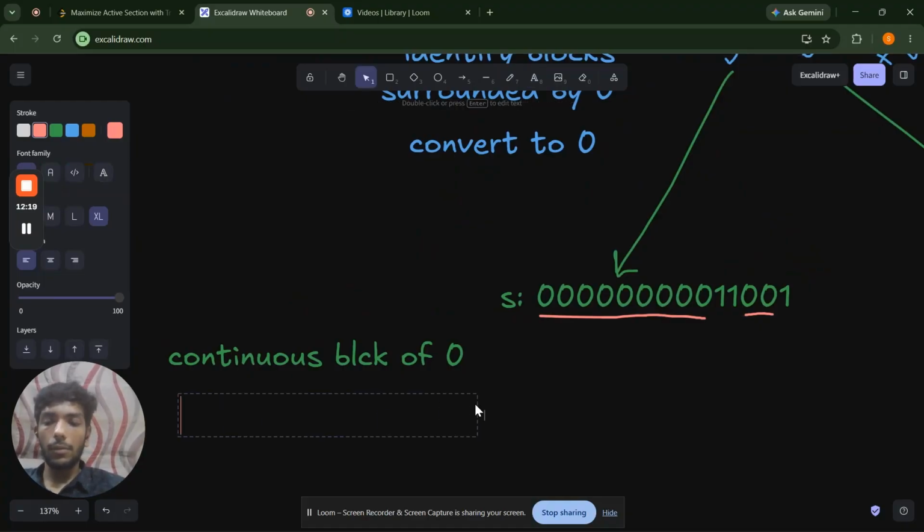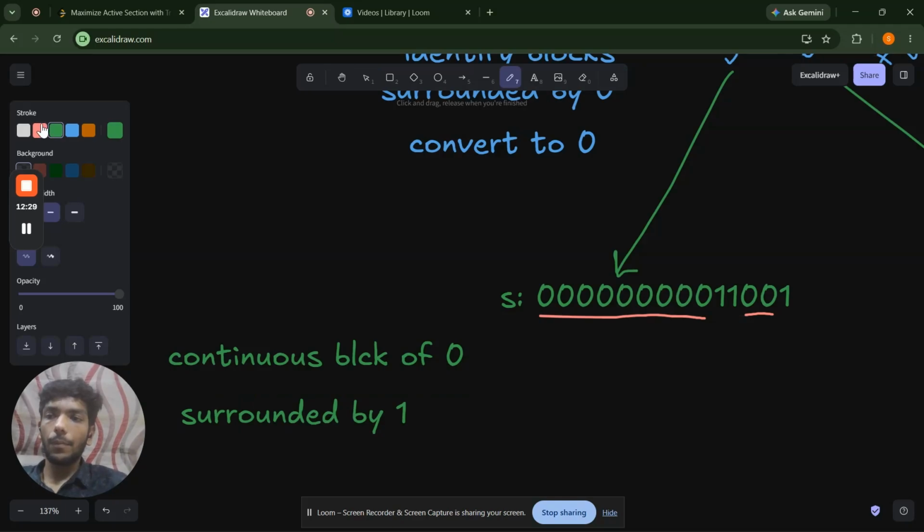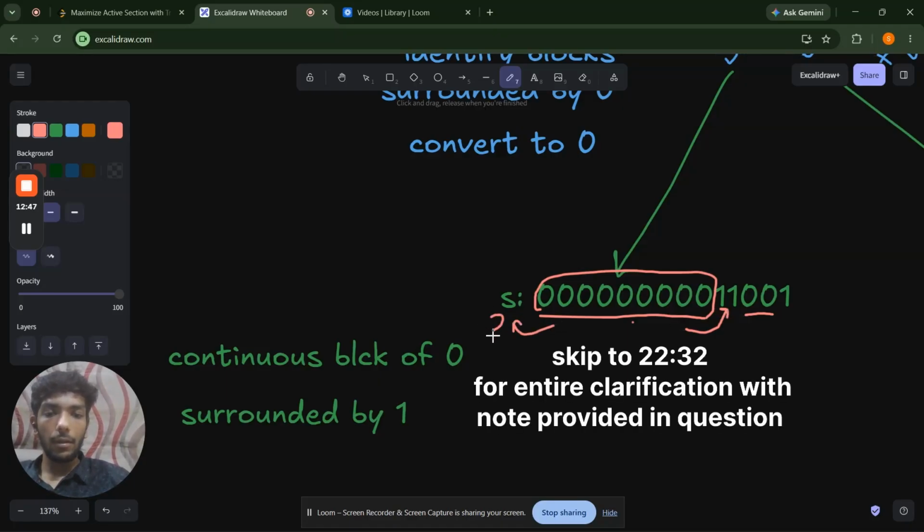Now our second step is to check if they are surrounded by ones. For this block, we have one on its right, but we do not have any one on its left. So we cannot consider this block of zeros because it is not surrounded by ones from both sides.